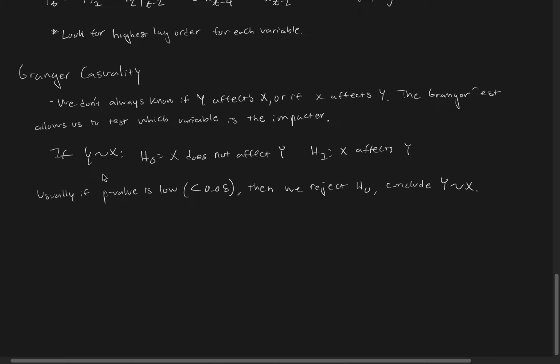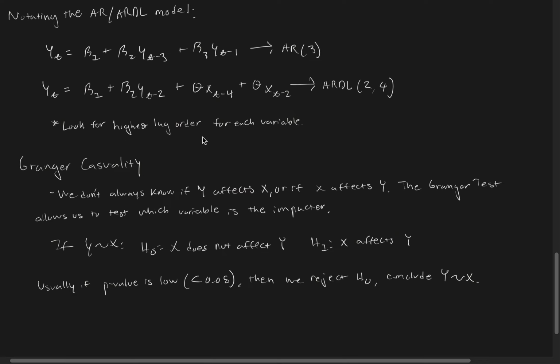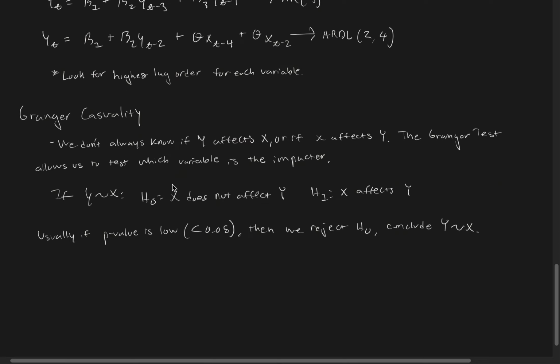If it doesn't, then we'll have to try different methods. It doesn't necessarily mean y affects x because x doesn't affect y. We obviously have to consider other variables that potentially have a big influence on either variable.